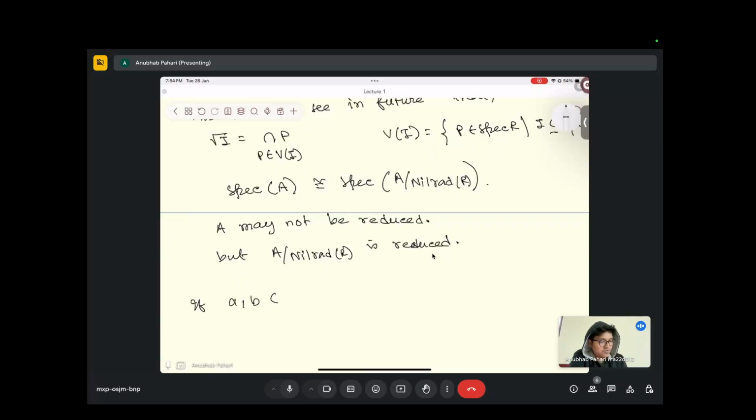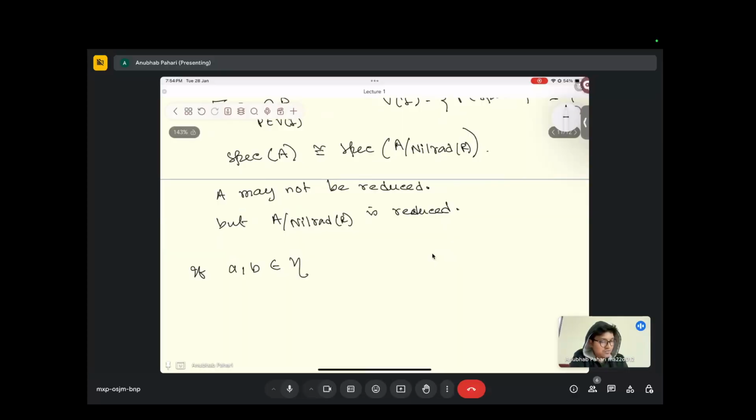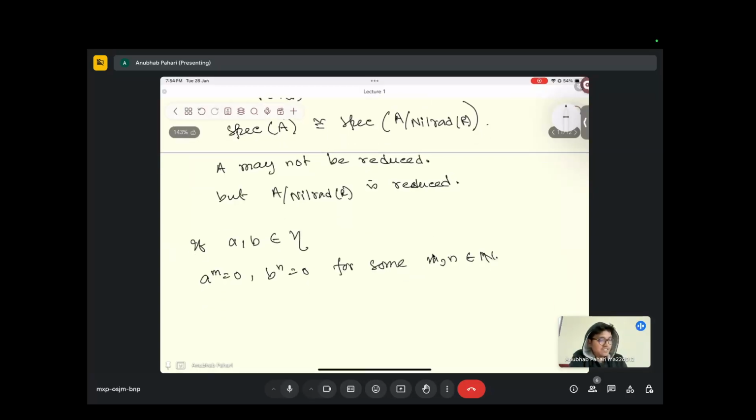If a, b belong to the nilradical, then you know that a^m equals 0 and b^n equals 0 for some m, n belongs to N. Now if you take the LCM of them, because R is commutative, you will see that a·b to the power LCM of m, n equals 0.